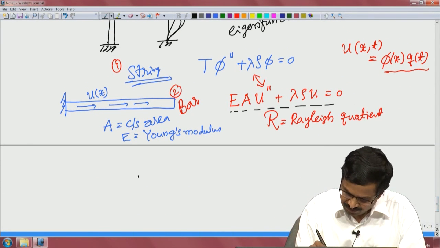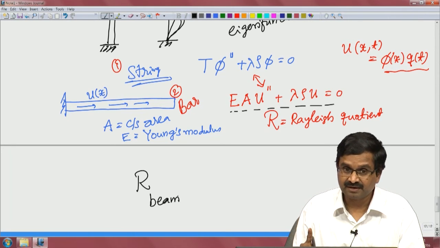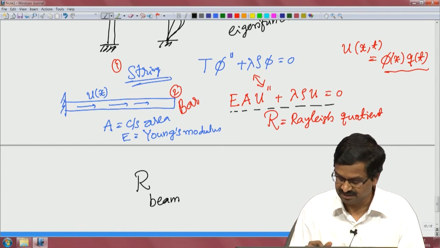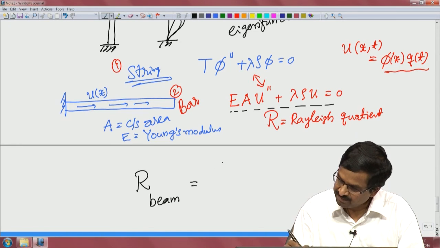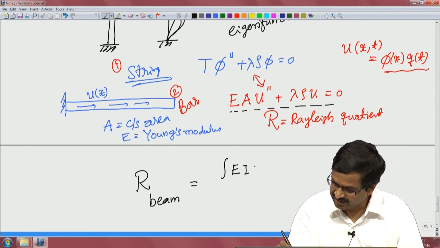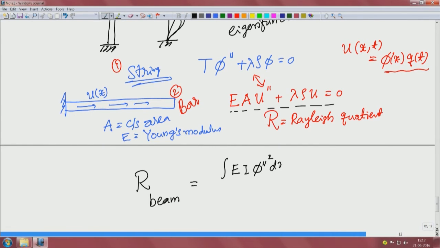Okay. So, Rayleigh quotient, if you were to work it out for a beam, again you can write kinetic energy and strain energy that you need for free vibrations. If you do this, Rayleigh quotient for a beam turns out to be the integral 0 to L of E I phi double prime square dx, divided by the integral 0 to L of rho phi square dx, where E is Young's modulus and I is the second moment of area. This is for a beam.